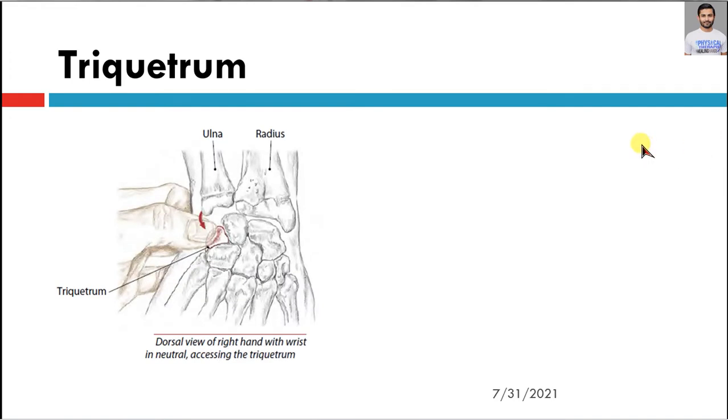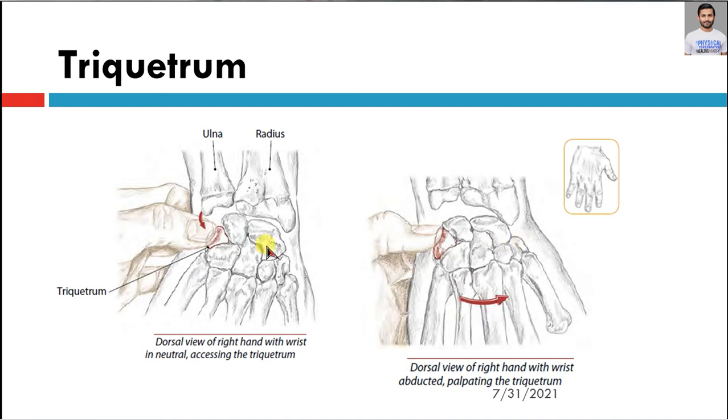The triquetrum is palpable on the dorsal aspect, and when you move your thumb from the styloid process of ulna, the first bone that you come into contact with is the triquetrum. Again, the movement of radial deviation and ulnar deviation can help you understand the difference between the styloid process of ulna and the triquetrum.